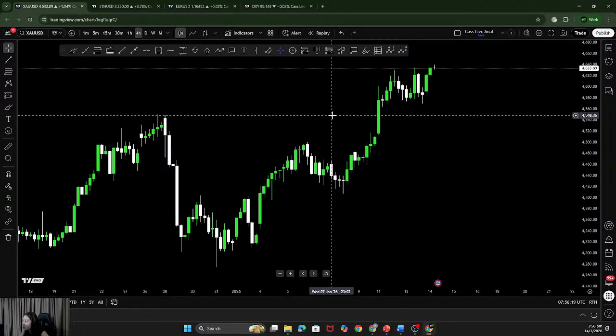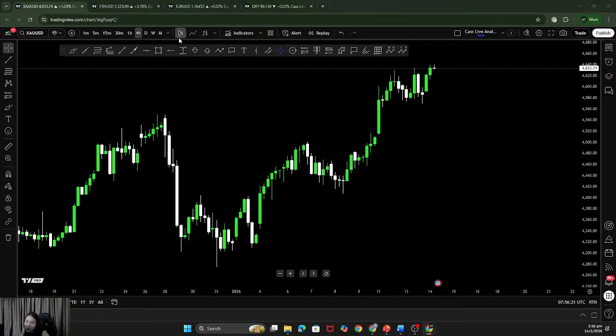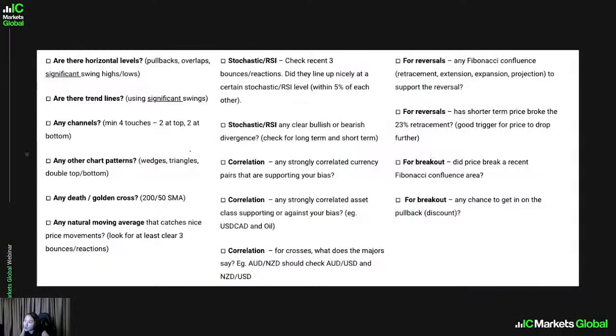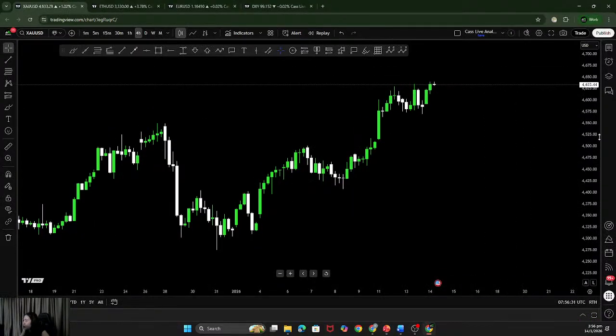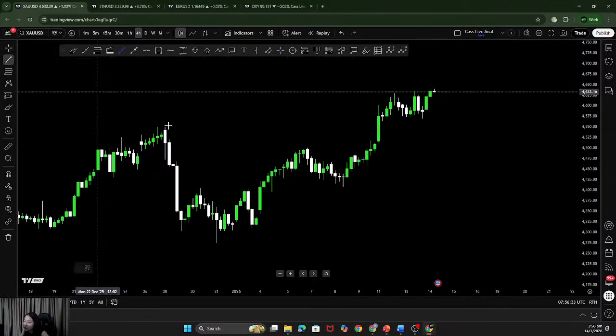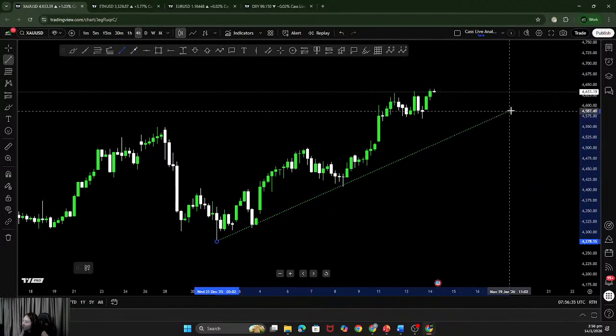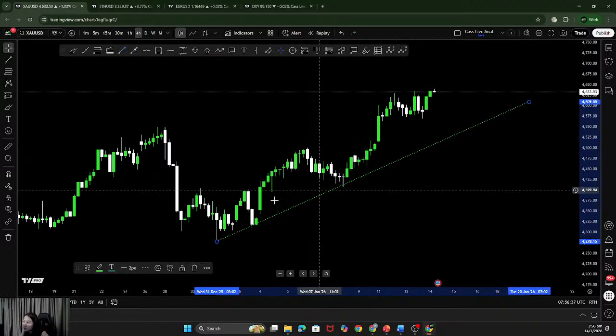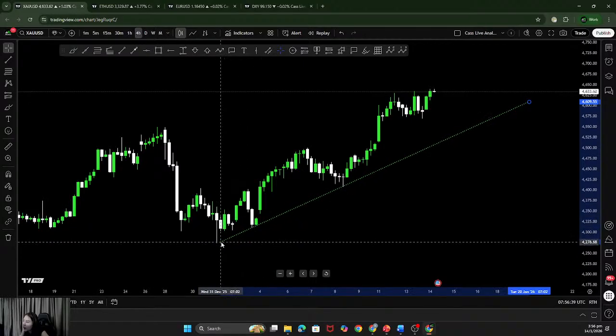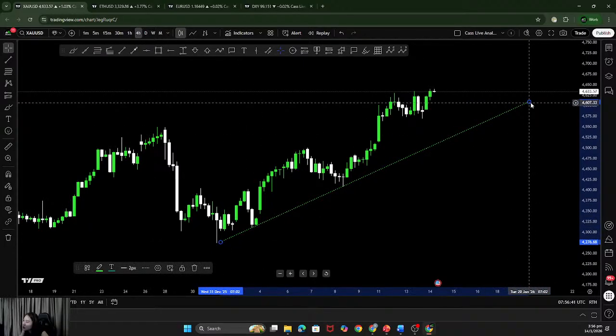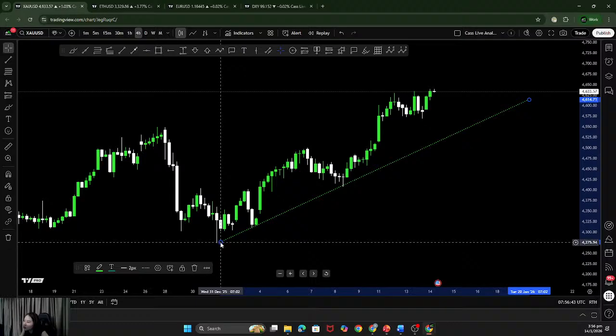Give me a sec. Okay, I'm going to pull out the cheat sheet that I was talking about. I already have my directional bias, which is an uptrend. Let's use a trend line or a channel to get a better structure and narrow down where price is moving. If I draw this trend line like this, this is what I'm getting.